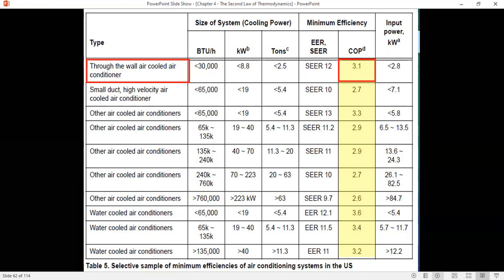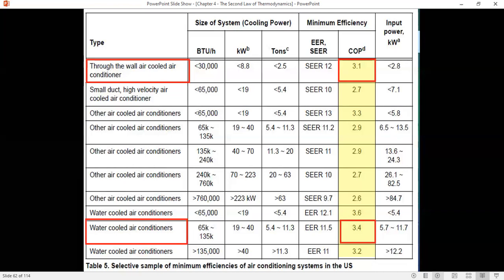However, that would be when it's not all that warm outside. That would sort of be the maximum coefficient of performance. And then you can see some water-cooled air conditioners have a higher coefficient of performance because they use the evaporation of water to actually enhance them.